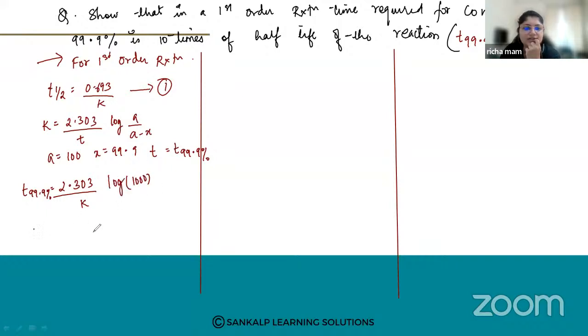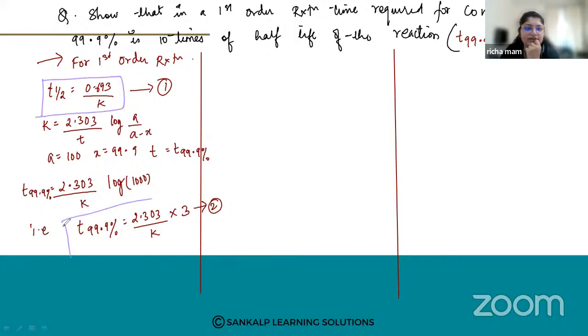What is log of this? Log of 1000 is 3. So this is equation 2. Now we have found T of 99.9% and T of half, where T of half is 0.693 by K.